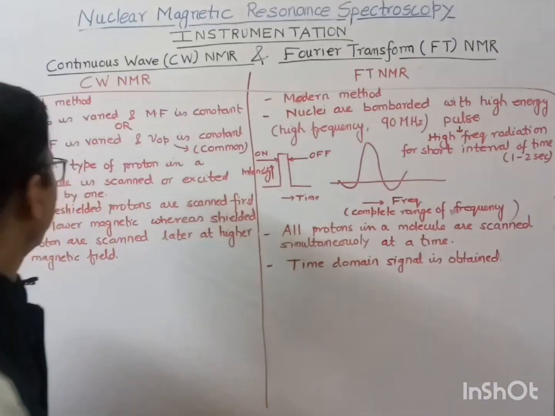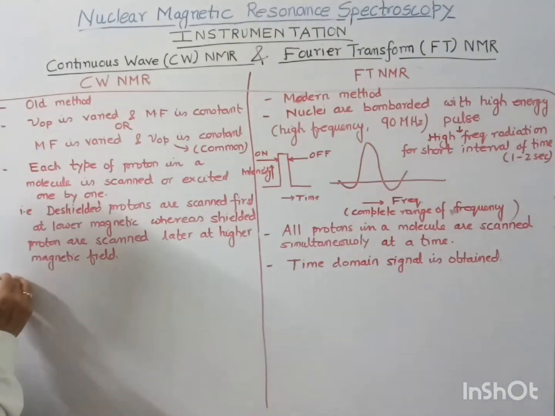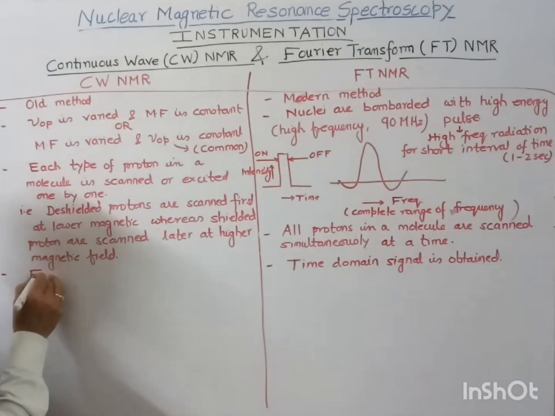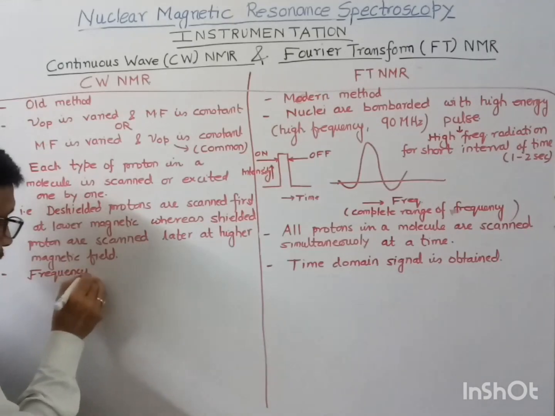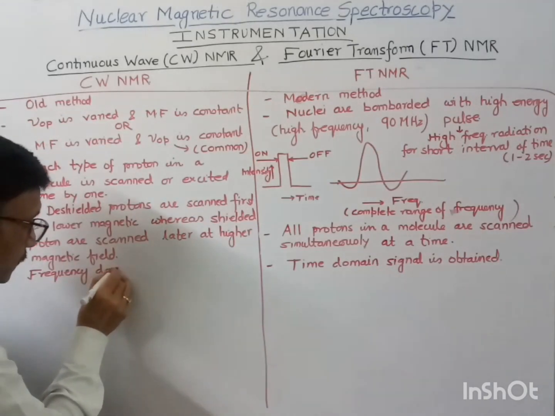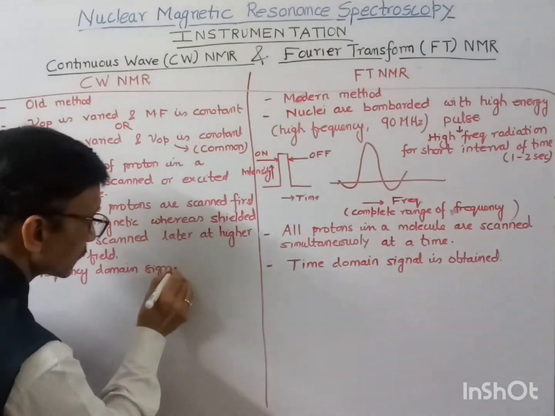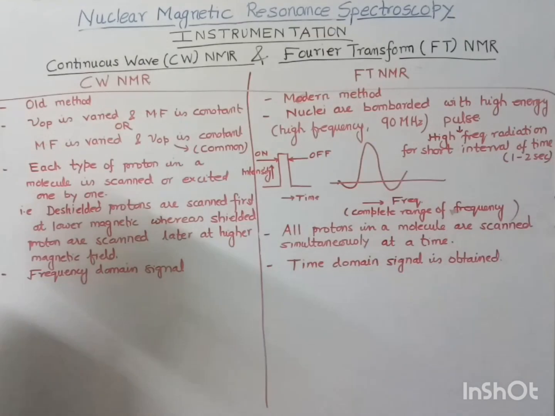Whereas in CW-NMR, we get frequency domain signal.